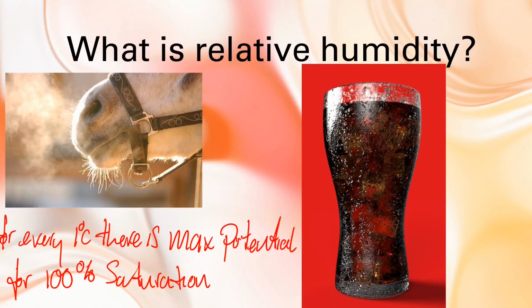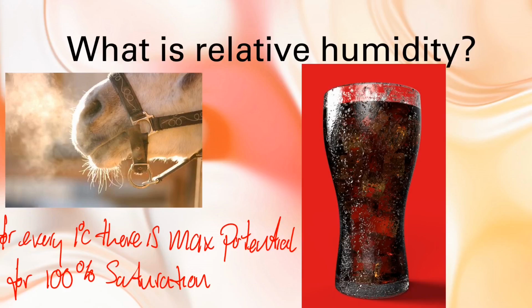As we can see in the picture with the horse and the mist or the fog on the breath, the moisture's coming out, and there's energy within that moisture. The reason why it dissipates very quickly is because the cold air doesn't have enough energy to actually hold that moisture. In other words, it's exceeded its maximum potential.